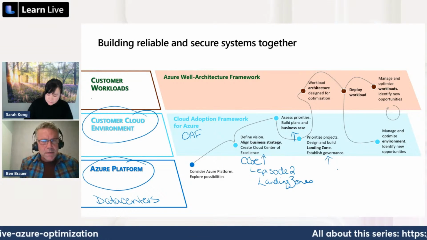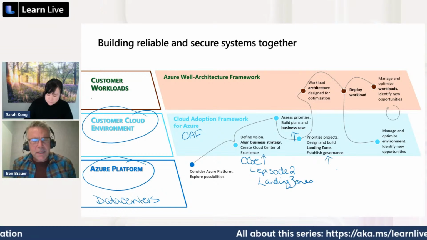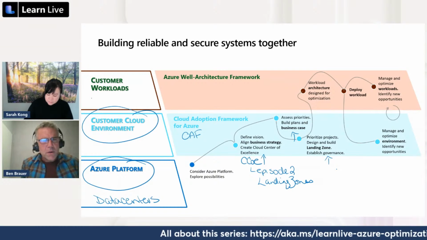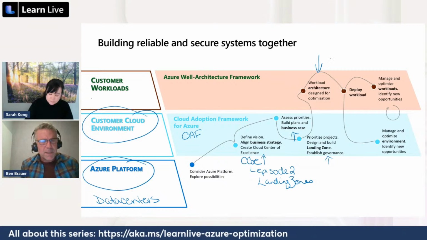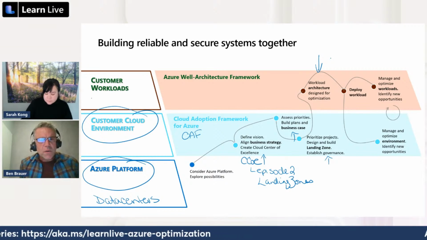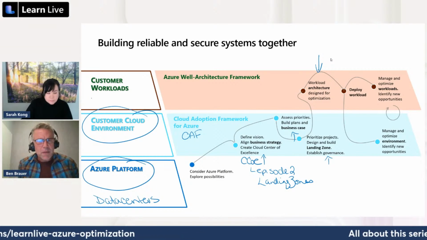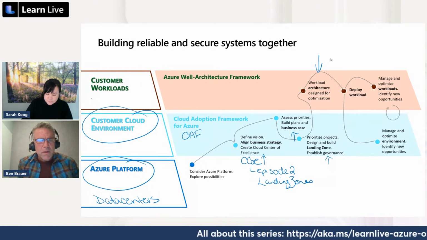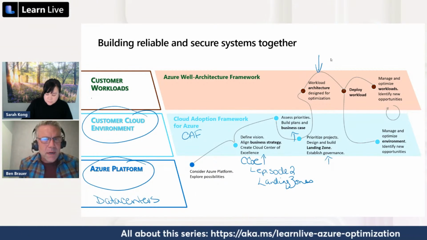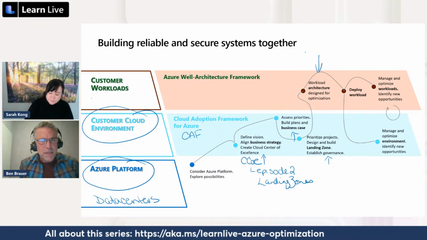You're probably doing this in conjunction with your workload teams, who are using the well-architected framework for a particular workload. What they're essentially doing is the architect is designing an architecture that has been optimized for their business requirements.